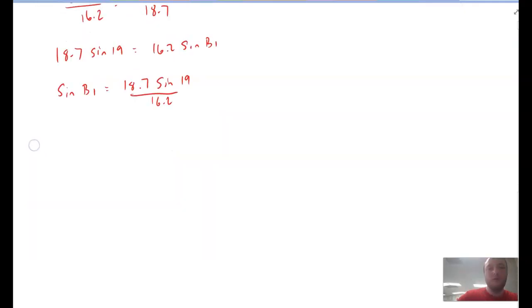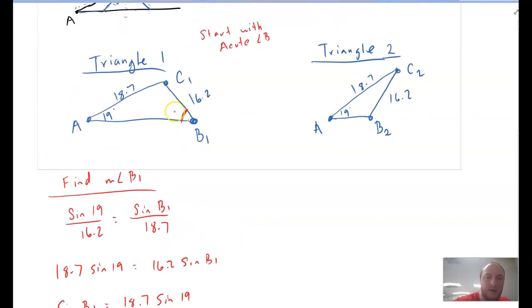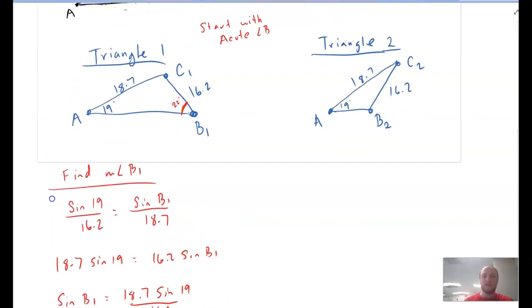Then to solve for B1, I do inverse trig: sine inverse of 18.7 sine 19 all over 16.2. You plug this in, and your answer is approximately 22 degrees. So I know that this angle right here is 22 degrees.